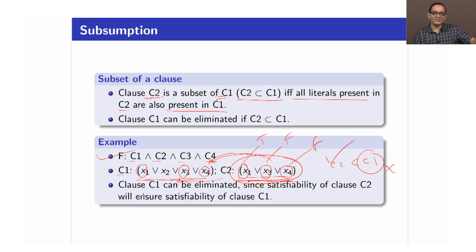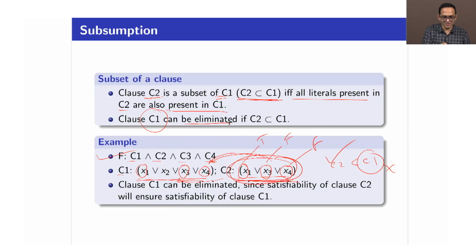The other literals are redundant, because if these 3 can decide the clause, I do not need to think about the other literals. So if I identify a subset, I will always remove the bigger clause, not the smaller one. That is what subsumption says: if C2 is a subset of C1, clause C1 can be eliminated, not C2.